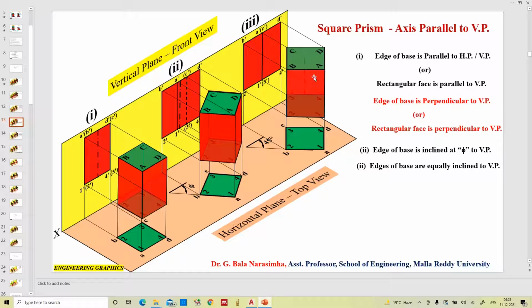But when it is inclined, equally inclined to vertical plane, this edge will be visible. And if you observe one more thing, here the A1 is the one which is clearly visible, vertical edge, and backside to this one the center line exists, and backside to the center line C3 is the edge which is invisible.